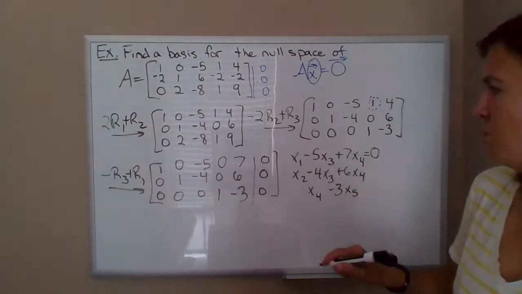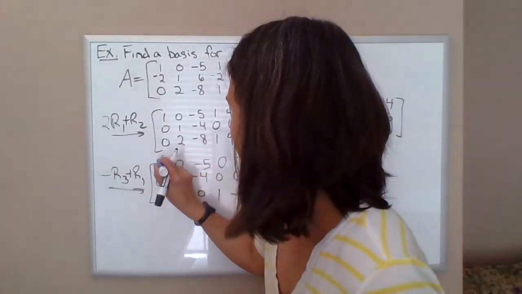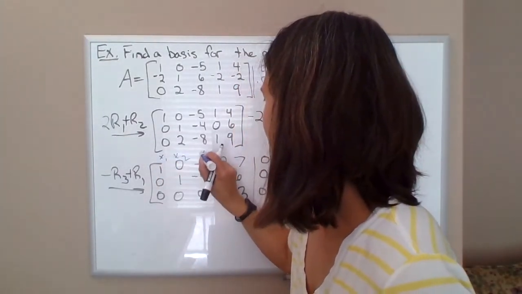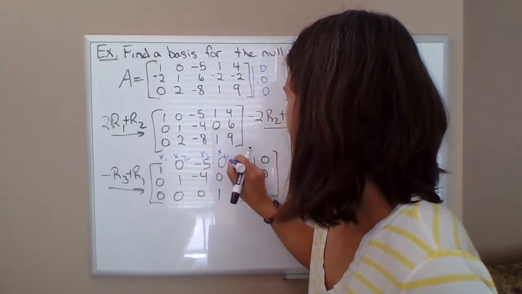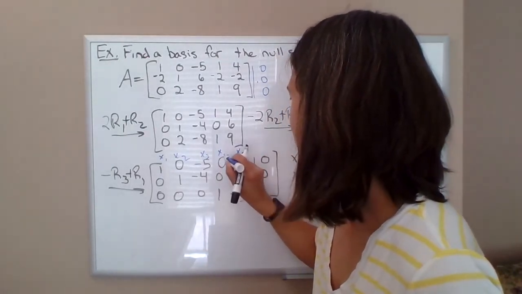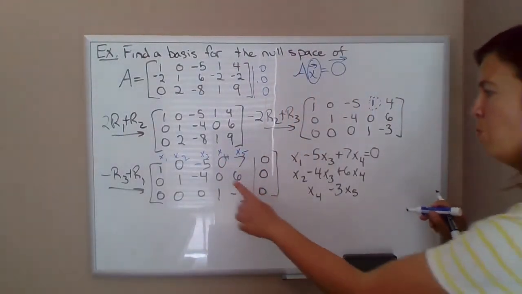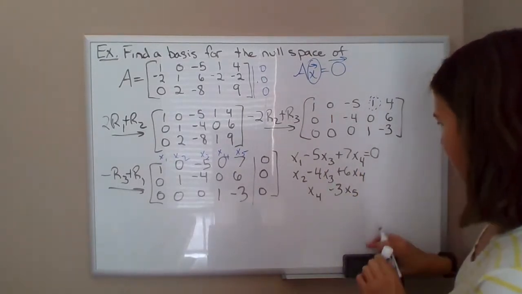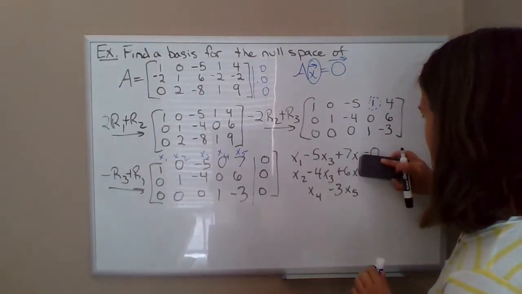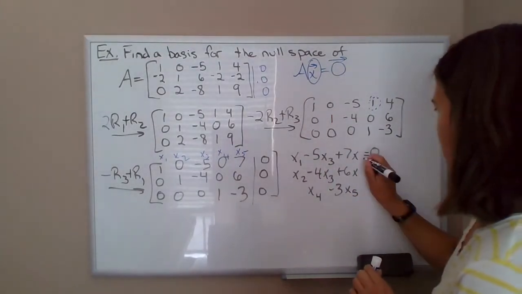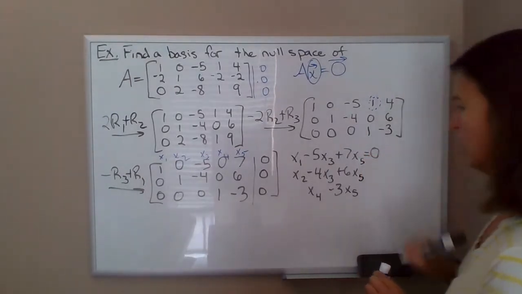These should be x1, x2, x3, x4, x5, so these should be 5s. Sorry about that. There we go.